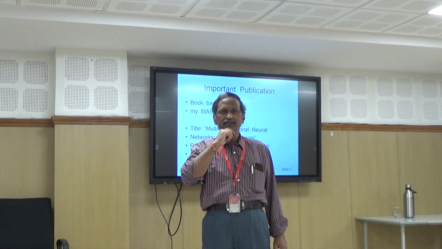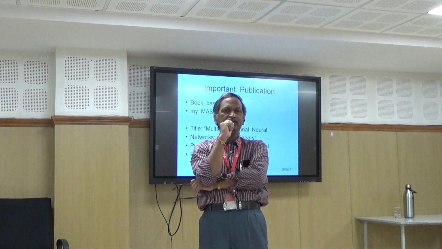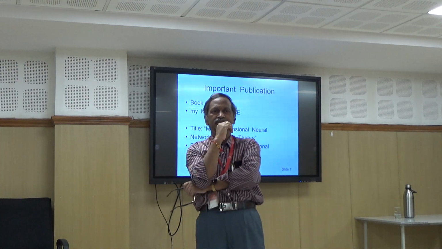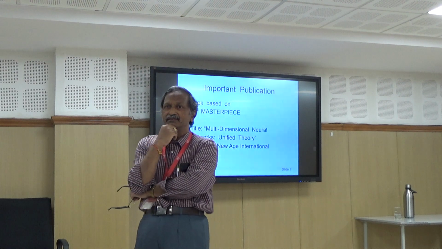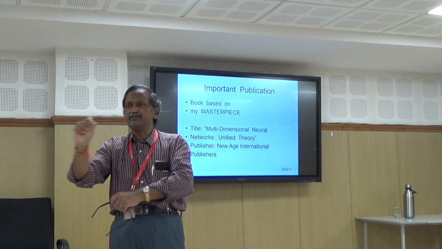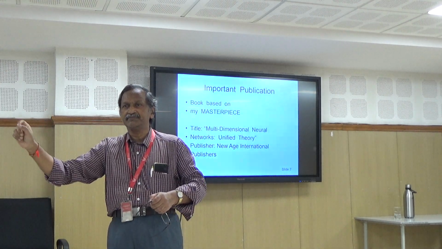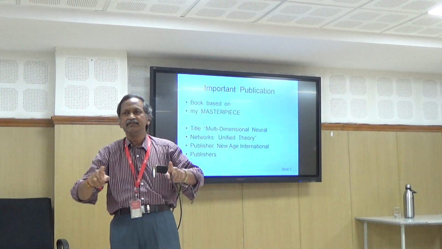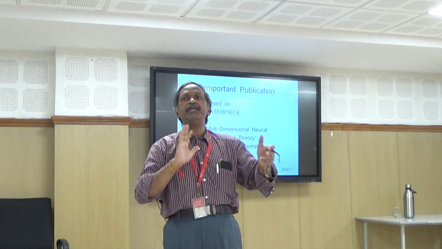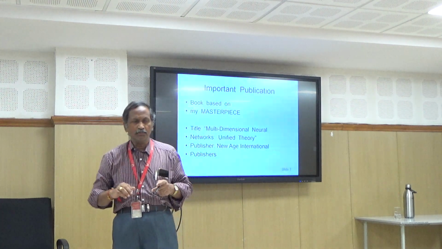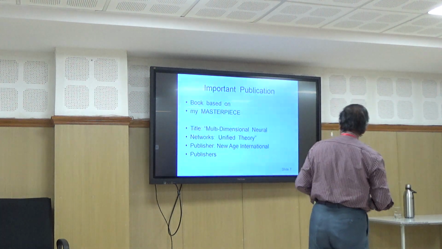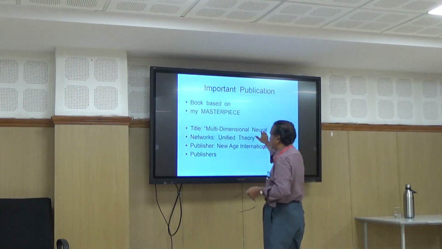Suppose I give you a speech signal, and I give you an image signal, and I give you a video. The word dimension has a different meaning. Speech signal is one dimension, time is the dimension. Image is two-dimensional and a video is three-dimensional. First, a lot of research is available on one-dimensional neural networks.